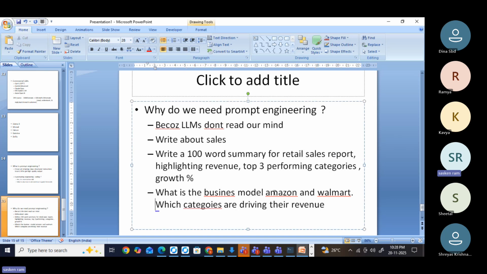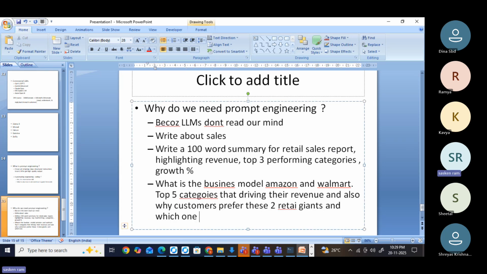This prompt I'm going to refine: the top 5 categories driving revenue, and also why customers prefer these two retail giants, and which one they choose more frequently than the other.